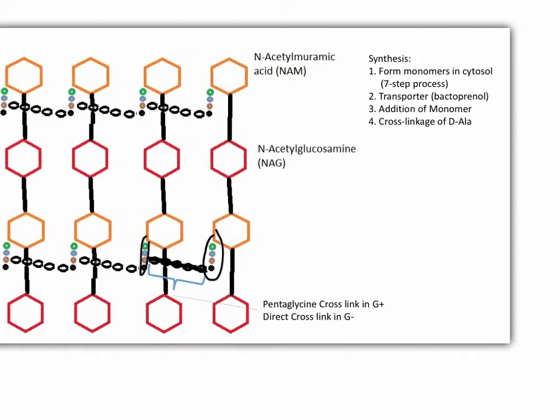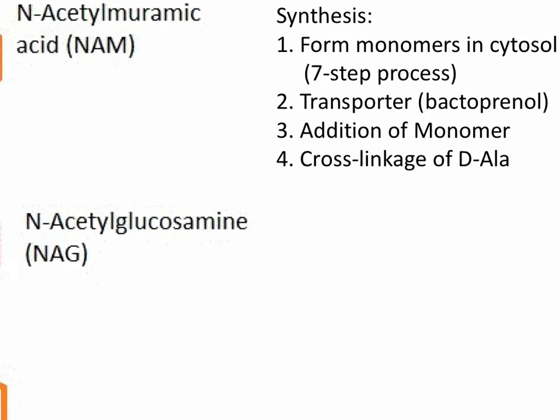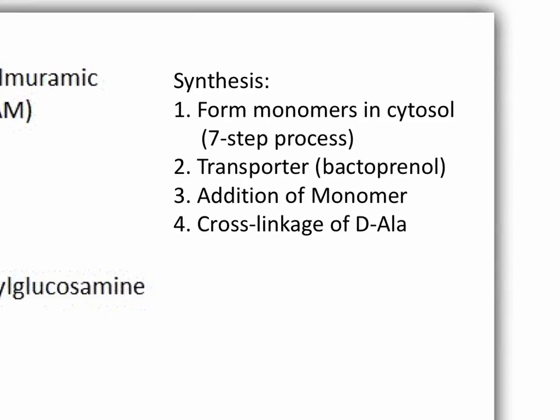And so over here I've got the synthesis of the cell wall written out, and basically what it boils down to is 4 basic steps. Each of these steps could be expanded on. For example, step 1 is really 7 steps, but you form monomers in the cytosol, and like I said, 7-step process for that. Then you use a transporter, and this is the isoprenyl pyrophosphate. It's also called bactoprenol.